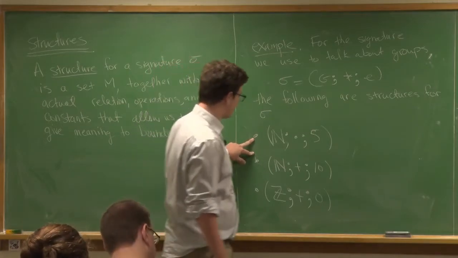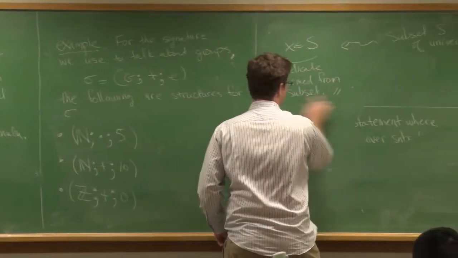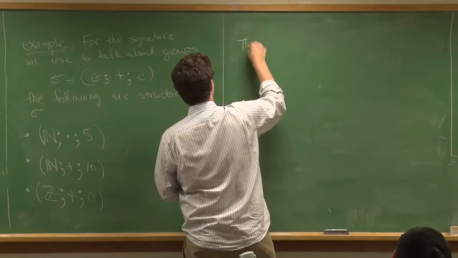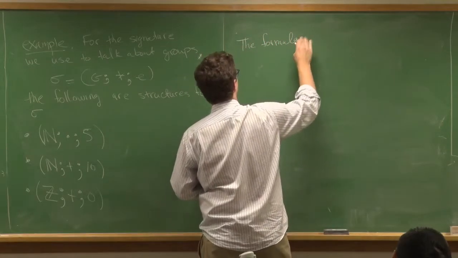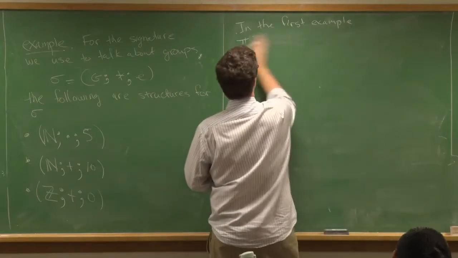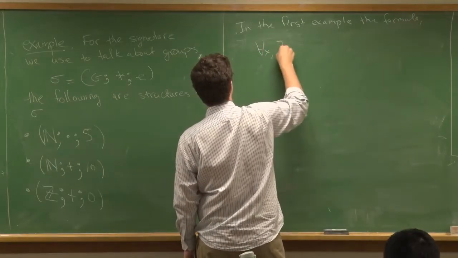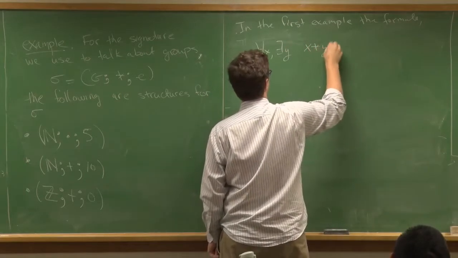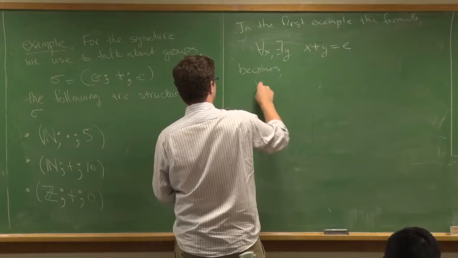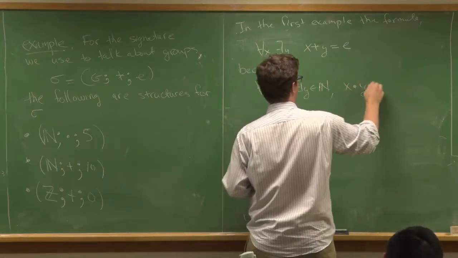It just means that I can take a formula. So, for example, with the first structure here, the formula in the first example, for all x, there exists a y such that x times y is equal to e, becomes an actual thing: x dotted with y is equal to 5, right?